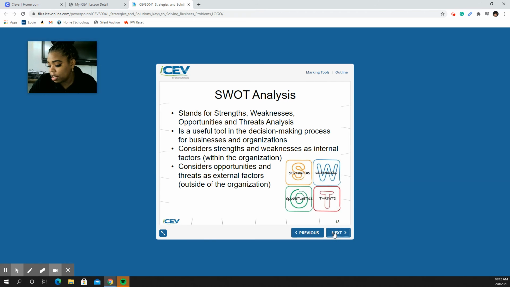We've already talked about the SWOT analysis: strengths, weaknesses, opportunities, and threats. It's useful for businesses making business decisions and considering different factors within the organization. Certain things are in the organization, certain things are out of the organization. Strengths and weaknesses are internal; opportunities and threats are external. What does that mean? There are strengths that I have within me as a person.